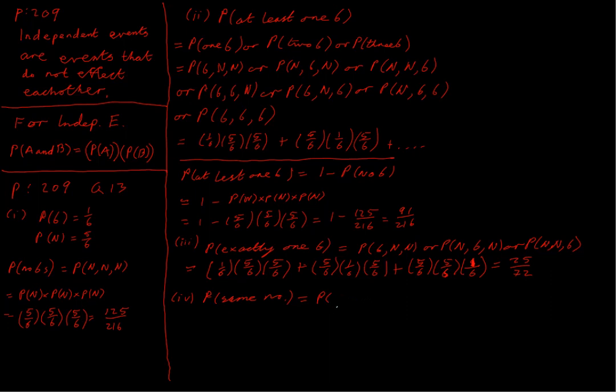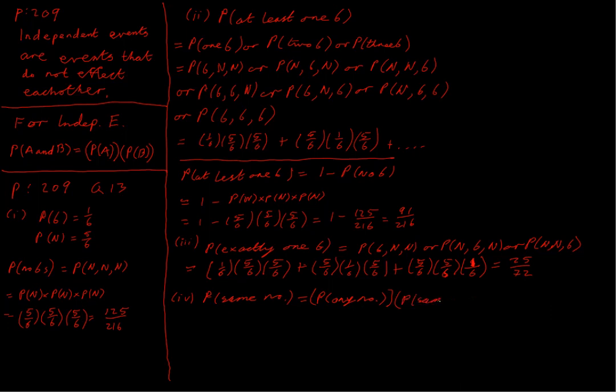So if we're rolling our die, play this out in your head, we'd have the probability of getting any number as our first number. And then after getting that first number, and we don't care which one that is, we have to get the same number 2 more times.